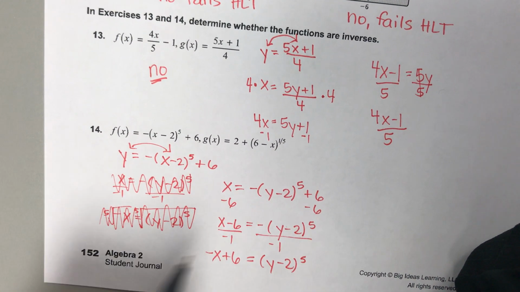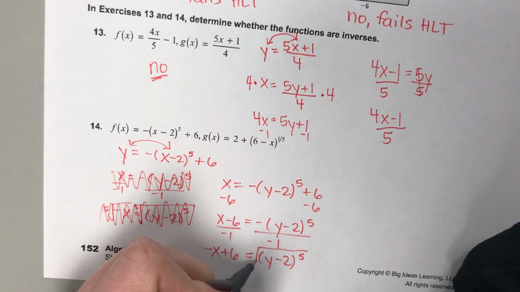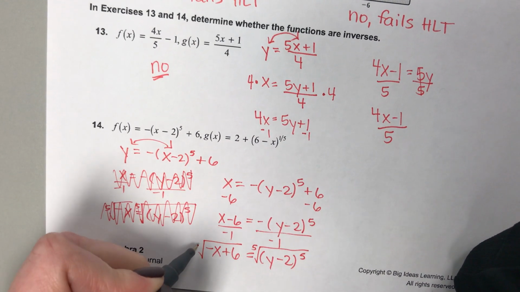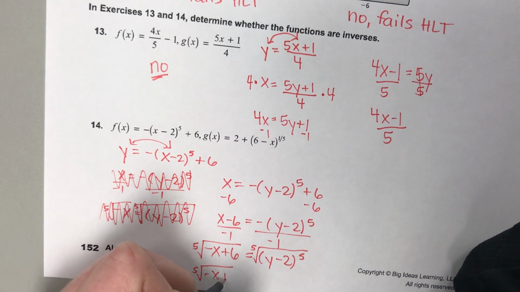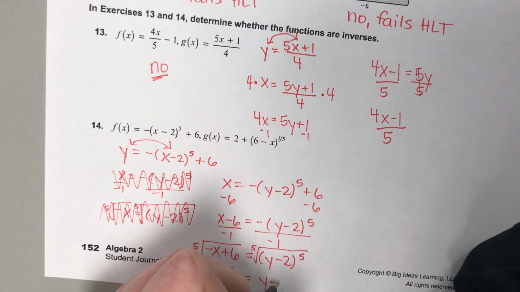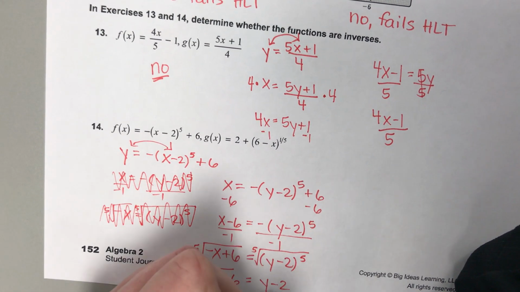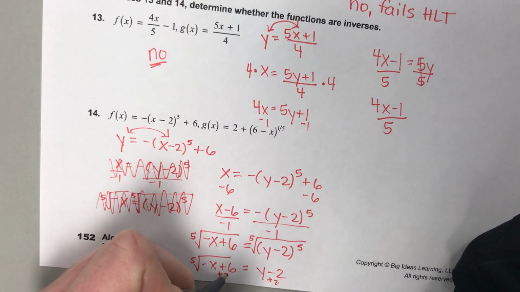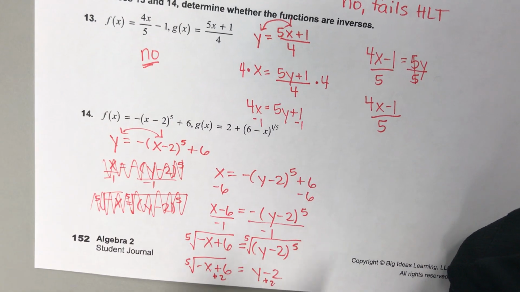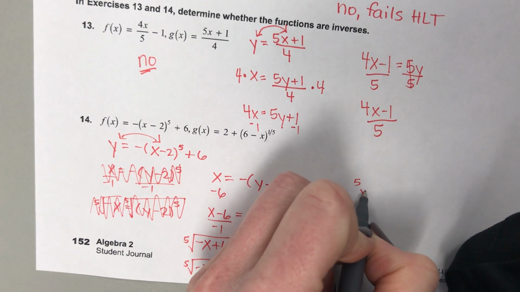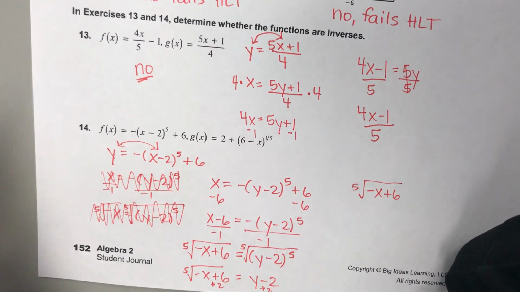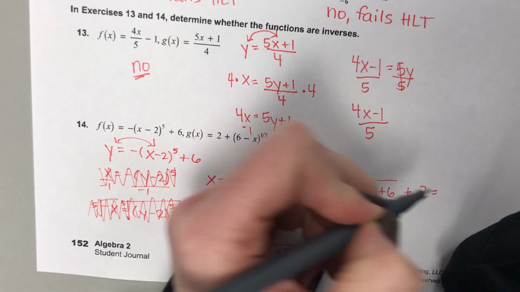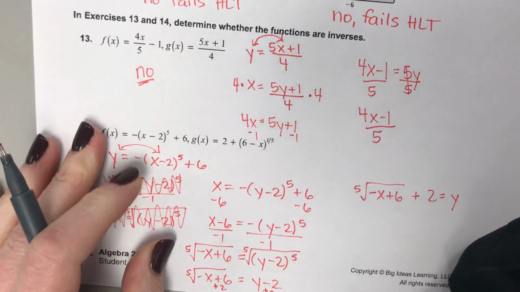Okay. So now we'll have to take the 5th root. The 5th root of negative x plus 6 equals y minus 2, and then we'll add the 2 over, plus 2, plus 2. Plus 2 equals y.